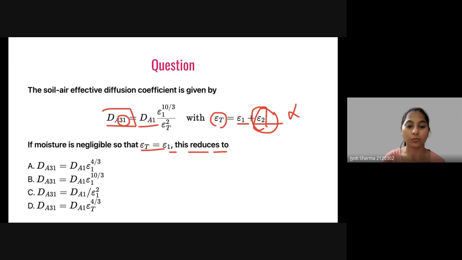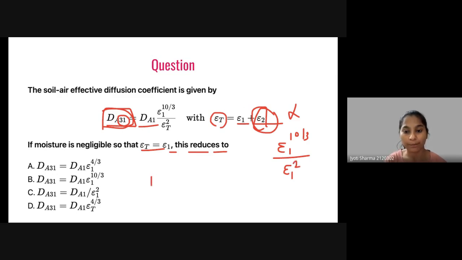So if we are removing this epsilon 2 term, then what will be your Da31? You have epsilon 1 raised to power 10/3, and then this one is again epsilon 1, because we are neglecting epsilon 2, and this will be squared.